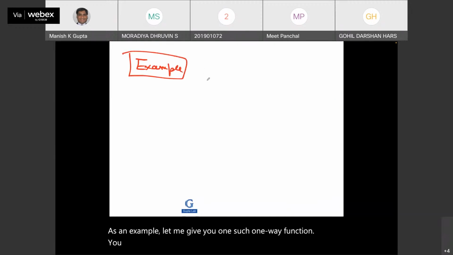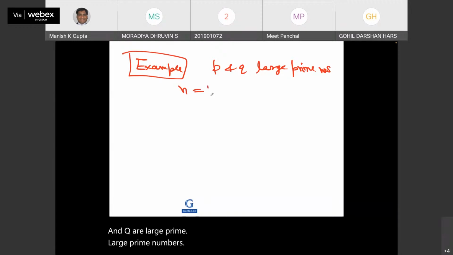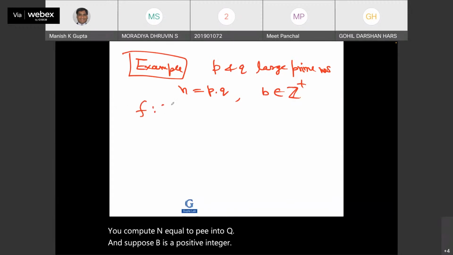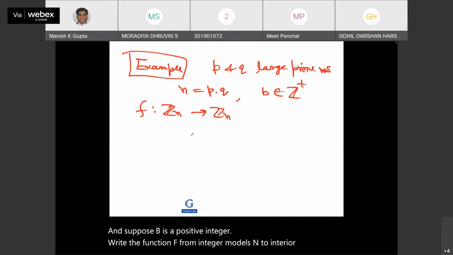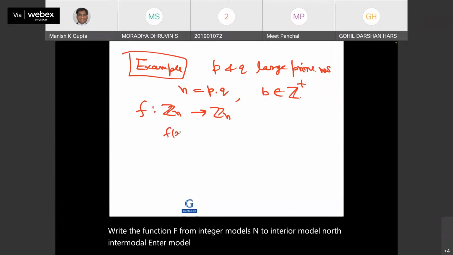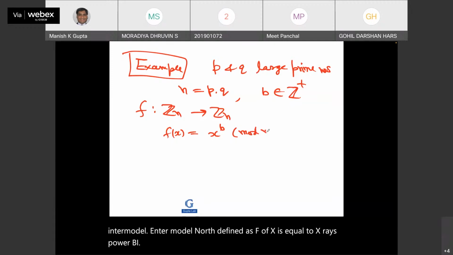If P and Q are large prime numbers, you compute n is equal to P times Q, and suppose b is a positive integer. The function f from integers modulo n to integers modulo n, defined as f of x is equal to x raised to power b mod n.